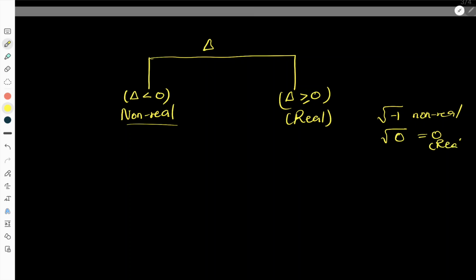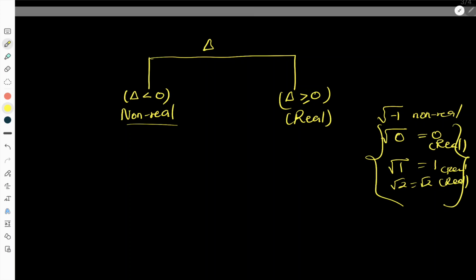So it means it is real. The square root of 1 is 1. It's still real. The square root of 2 is the square root of 2. It's still real, but irrational. But they are still real. That's why they say delta bigger or equal to 0. That's where we have real roots.